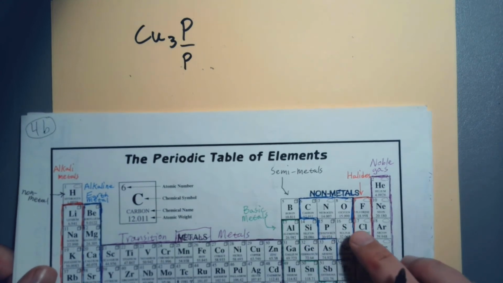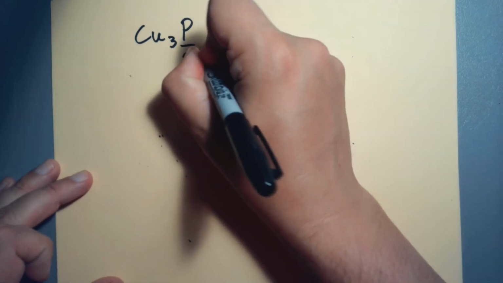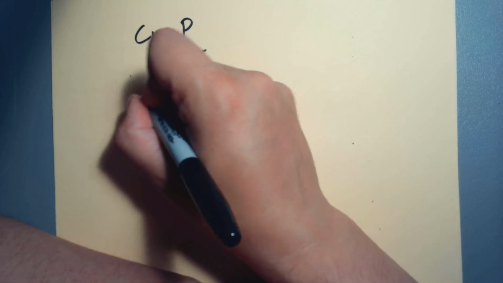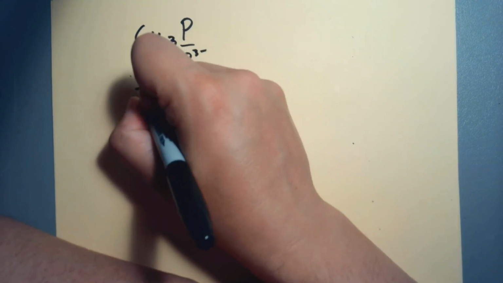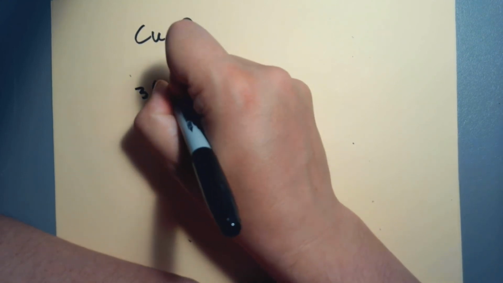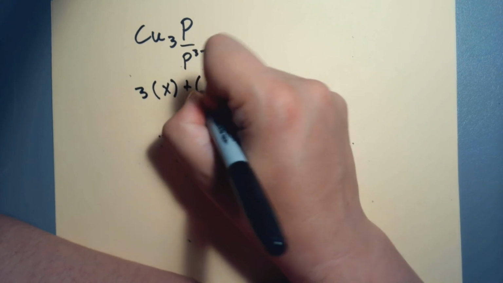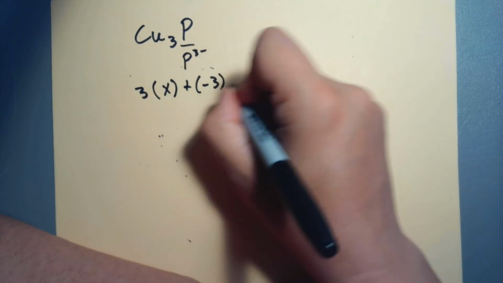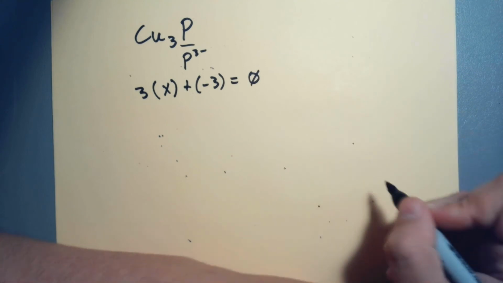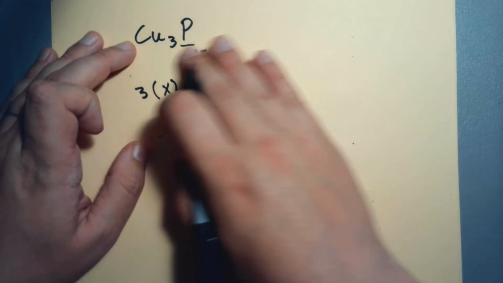Phosphorus will become a -3. And so what we have is 3 times some unknown charge plus -3, just one of them, is going to equal 0, right? This whole thing has to add to 0.